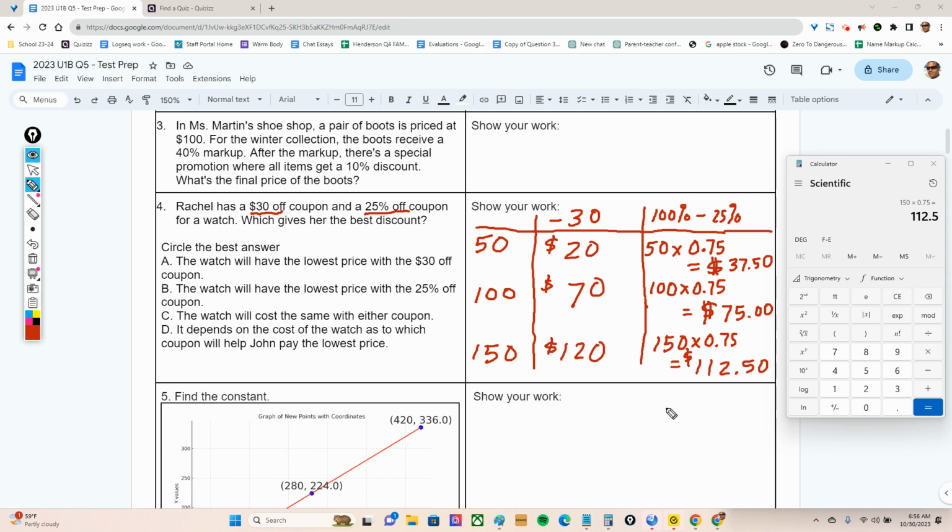All right. So in each scenario, this is the cheapest price.